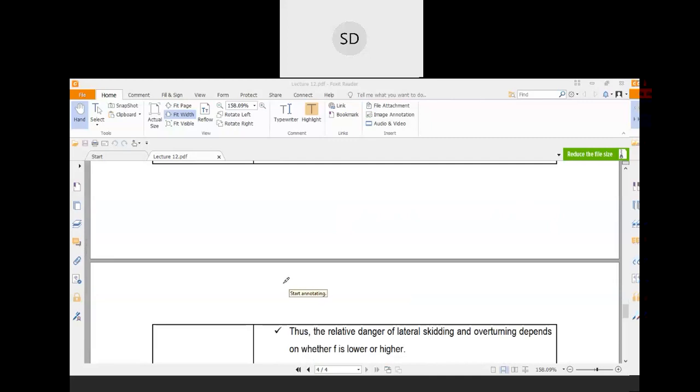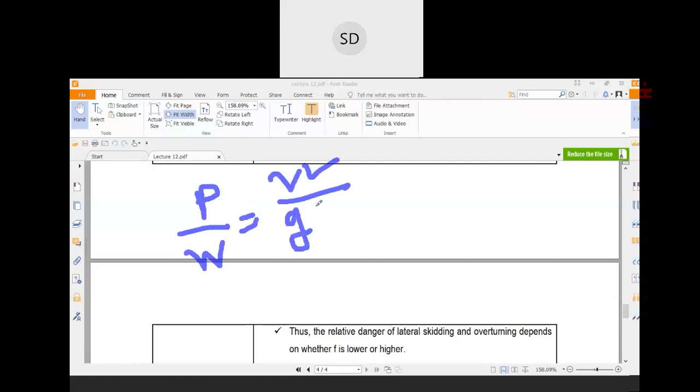The centrifugal acceleration or impact is nothing but P by W equal to V square by GR. So one way to nullify this effect is to reduce V, the speed of the vehicle, or increase the radius of the horizontal curve.